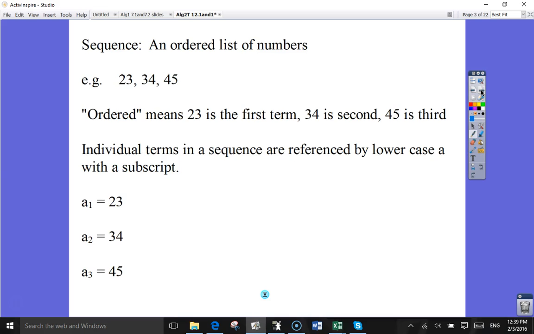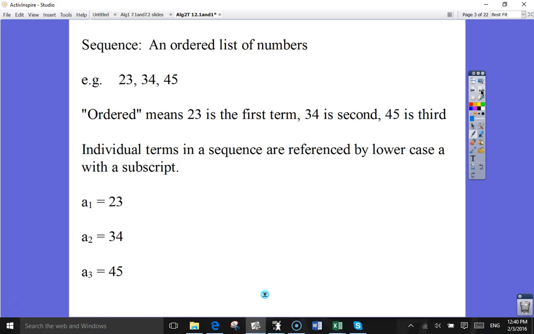A sequence, by definition, is an ordered list of numbers. For example, e.g. means "for example." What if I said i.e.? What does that stand for?